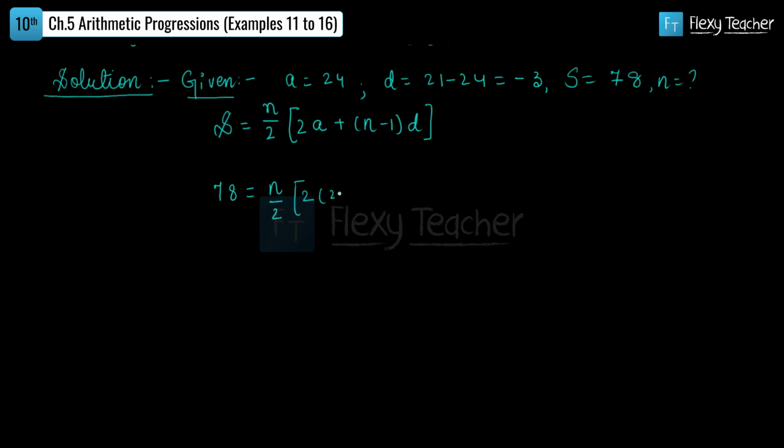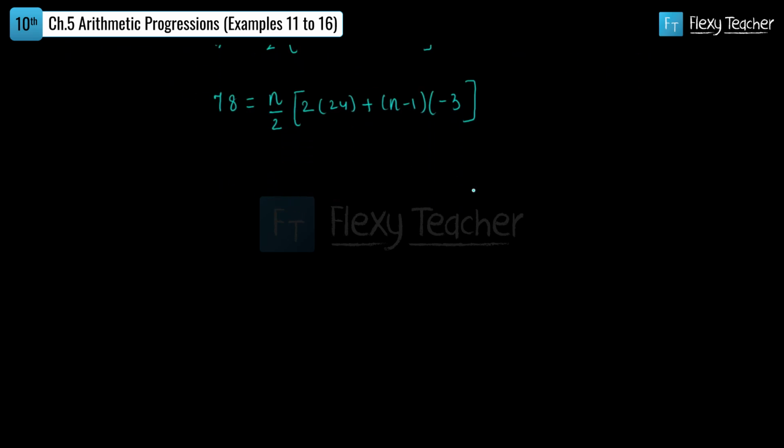So, that is 2 into 24 plus n minus 1 into D is minus 3. Okay. So 78 is equal to, in fact हम यहाँ पे इसको straight away 2 को 78 से multiply करके we can make it as 156 only, is equal to n into 2 into 24 is 48.